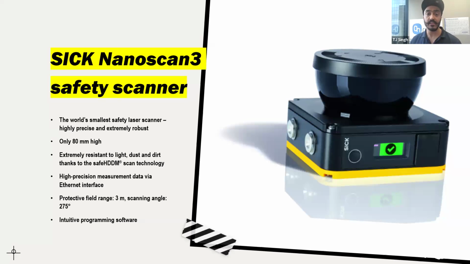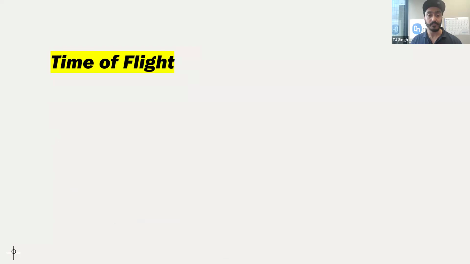This safety scanner from SICK is the smallest safety scanner in the market, with a height profile of just 3 inches. It can do protective fields of up to 3 meters, and there's a bunch of other functionality that can be added on top of the system with safety plugs.